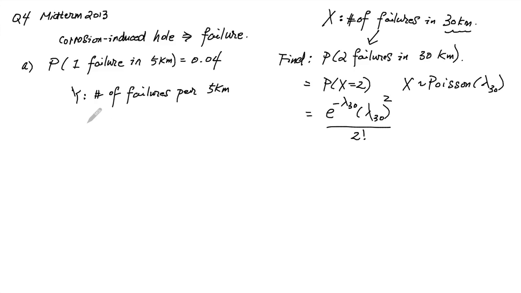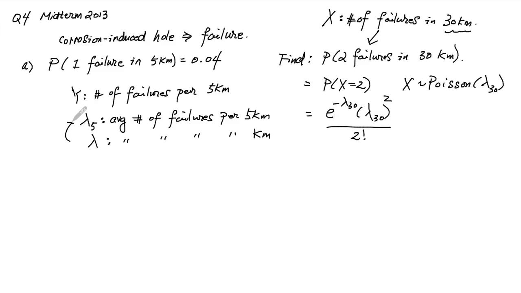And obviously lambda 5 is the average number of failures per 5 kilometers. And we'll call lambda the average number of failures per kilometer. So the relationship between these would be lambda 5 equals 5 lambda.